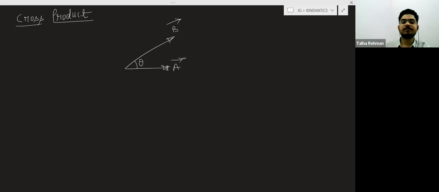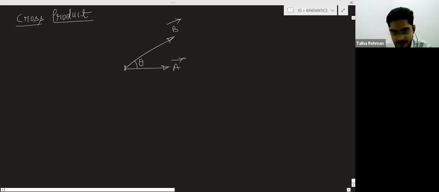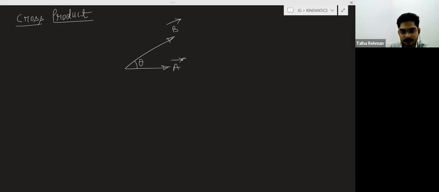Basically, the length of this arrow is representing the magnitude of a vector.